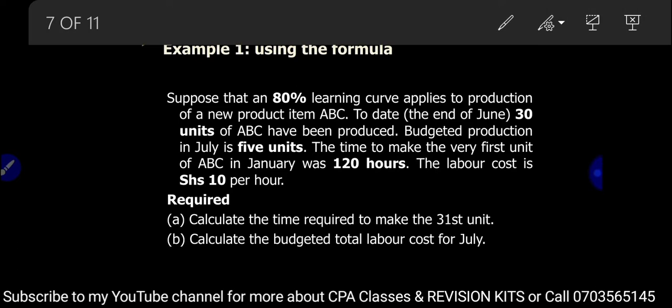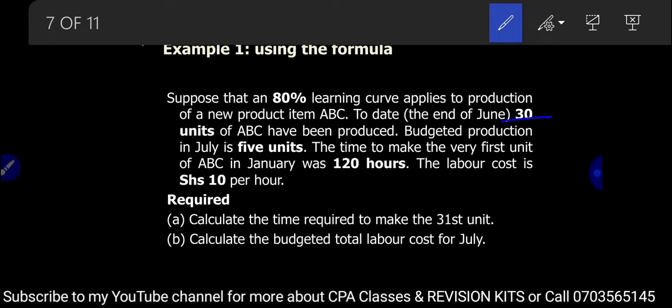So suppose that an 80% learning curve applies to the production of a new product item, ABC. Remember, one of the assumptions of the learning curve theory is that there has to be a new product. So it applies in situations where we have a new product. To date, at the end of June, 30 units of ABC have been produced.